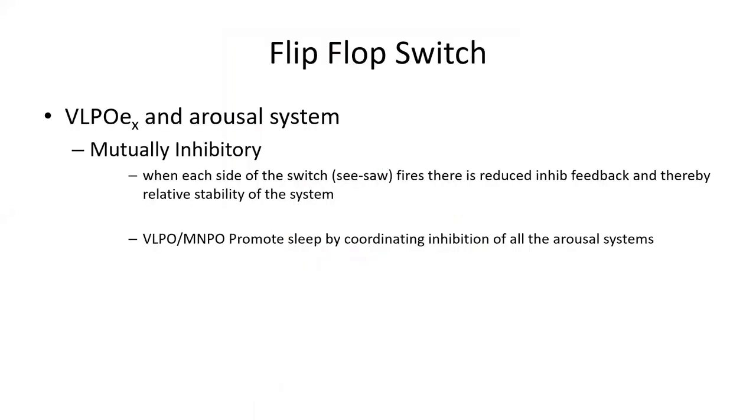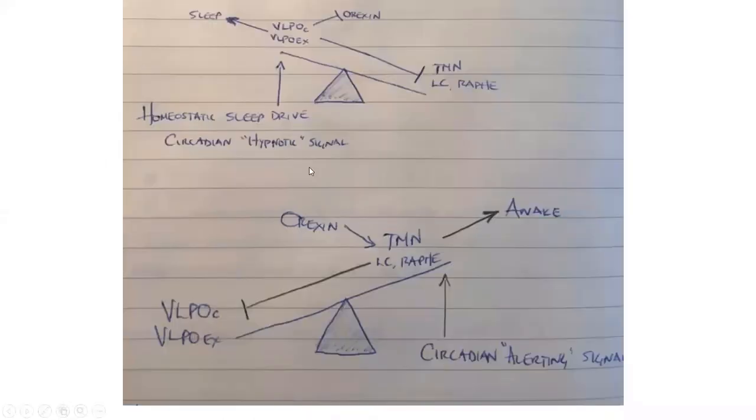So we can kind of think of this as a flip-flop switch when we talk about our ventrolateral preoptic area and the arousal system. So it's a mutually inhibitory switch. It's like a seesaw. So here we have our homeostatic sleep drive, that circadian hypnotic signal.